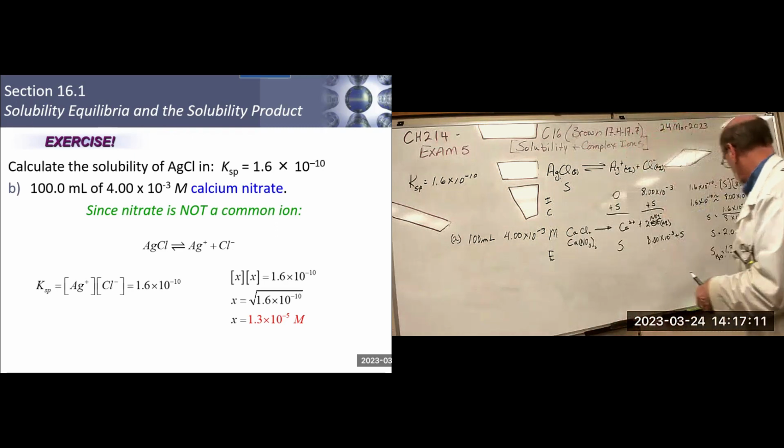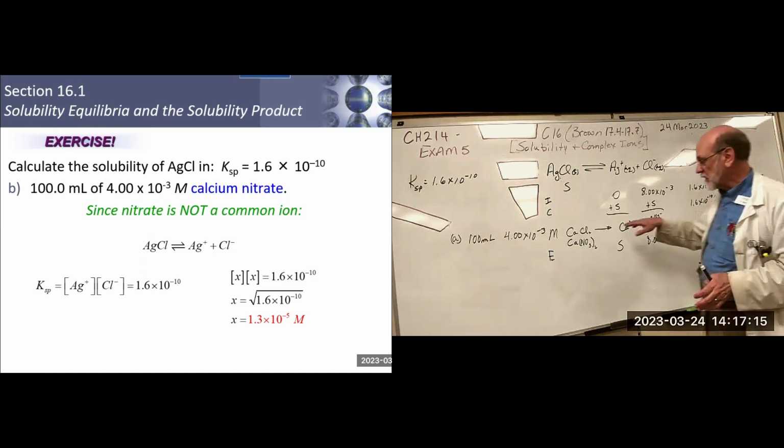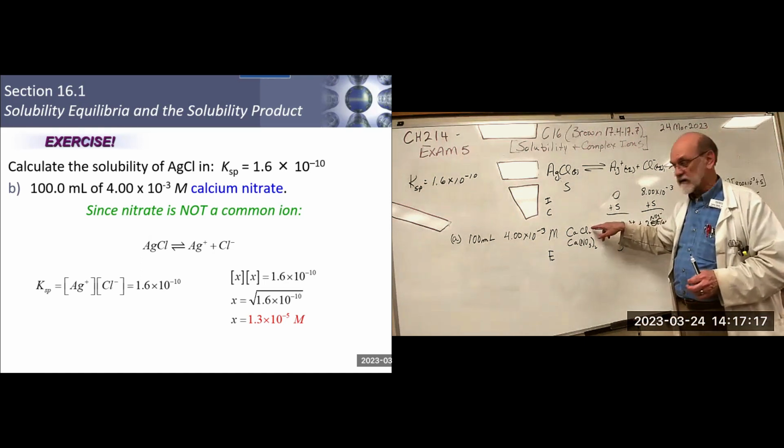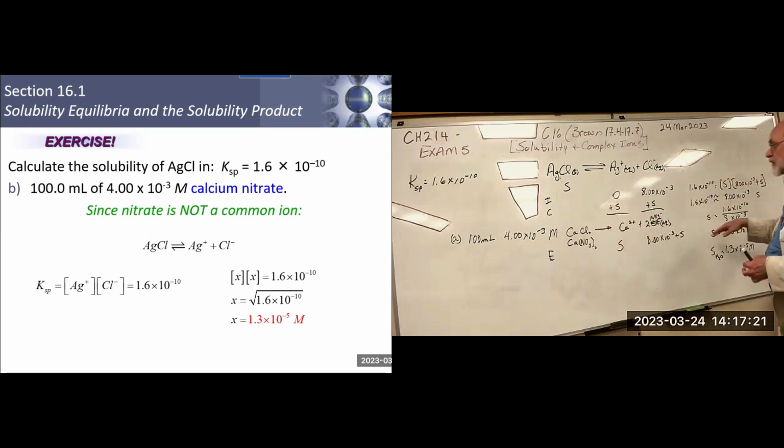Now this value, the solubility, will change depending on the concentration of that calcium chloride. If we increase the concentration of calcium chloride, the solubility of silver chloride will decrease. This will be a much smaller number.